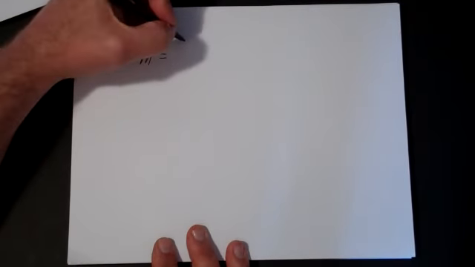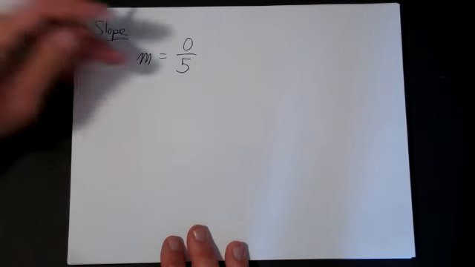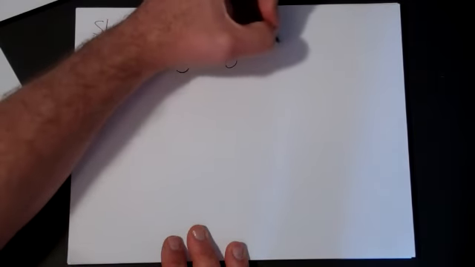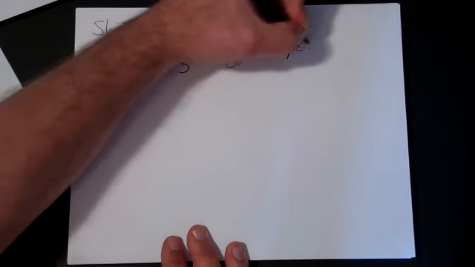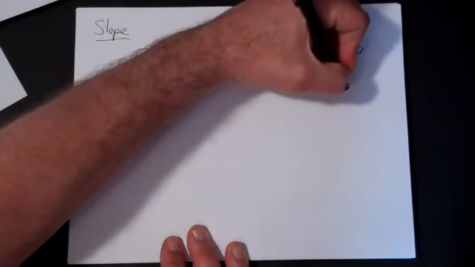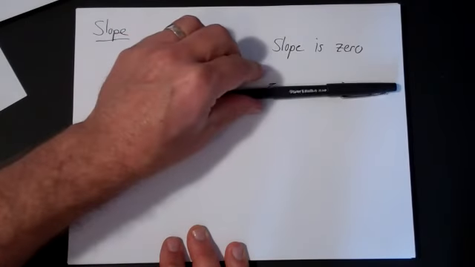A couple more things to worry about with slope. First, if you end up with a slope with a 0 in the numerator, let's say you had 0 over 5. Well, 0 over 5 is just, you take 0 and divide it by 5, that's just 0. So that's a slope of 0. A slope of 0 is simply a horizontal line. The slope tells you whether it rises or falls. A horizontal line does neither.